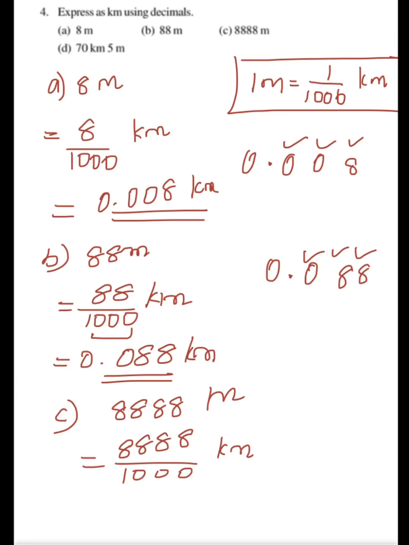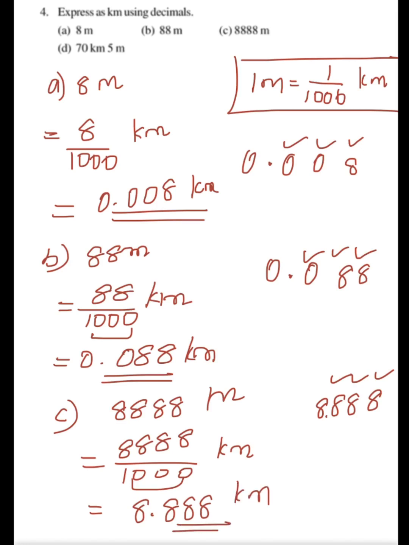So what is 8888 divided by 1000? 1000 means 3 zeros. So 1, 2, 3. So here you have to put the decimal point. Okay, so our answer will be 8.888 kilometer. Okay, so this is the answer for C.